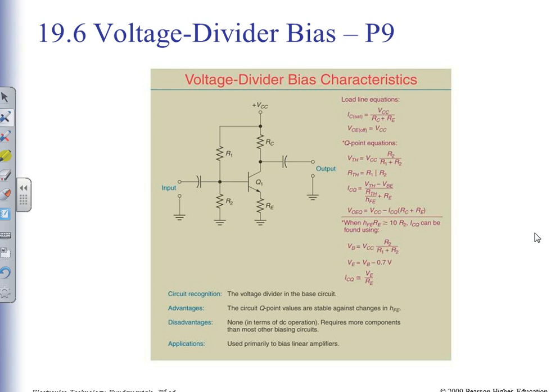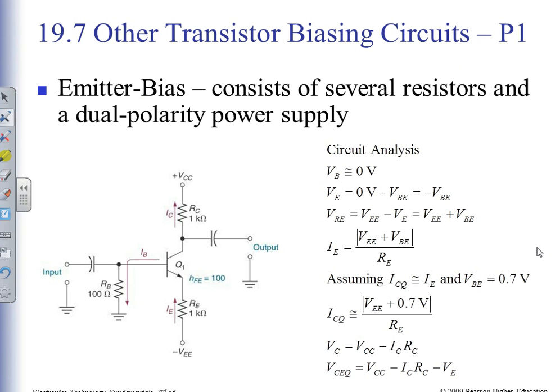All right. Other forms of biasing. Well, this is an emitter bias. And so now I've got a dual power supply. I've got plus and minus voltages. My currents, again, are going the wrong way.